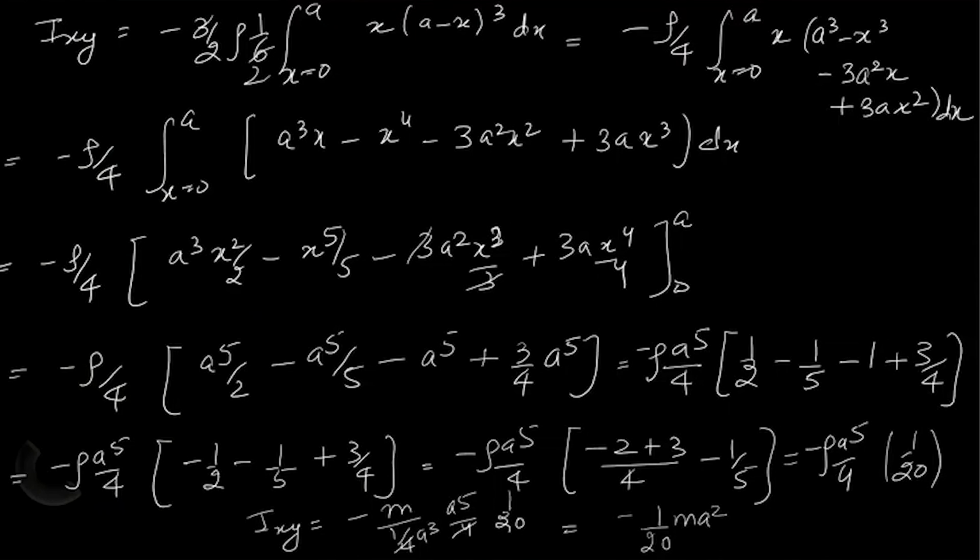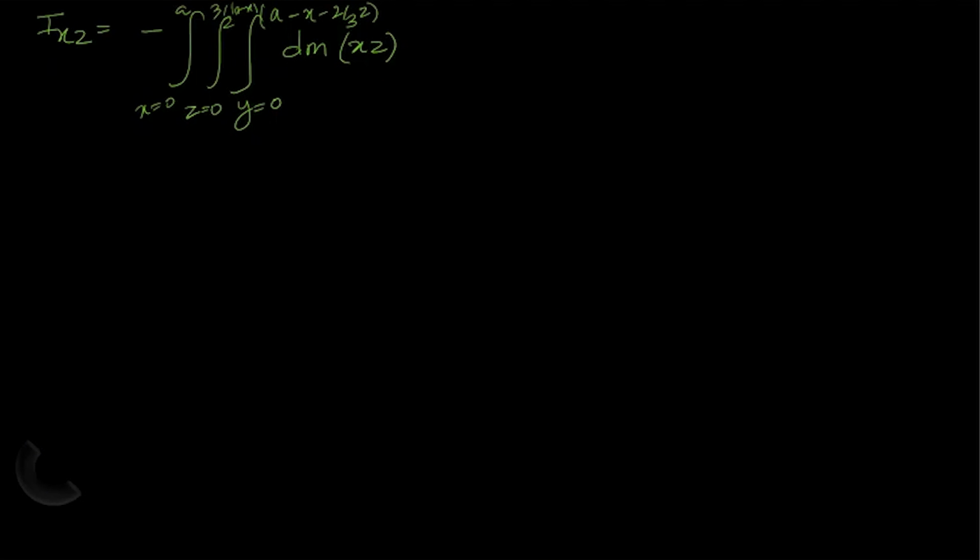Similarly, you can find the Ixz. So let's start with Ixz now. So this is our Ixz expression. So these, and we set these limits. So now substituting for dm, minus rho. These are the three integrals, and then xz, dy, dz, and dx. So this is the order of our integration.